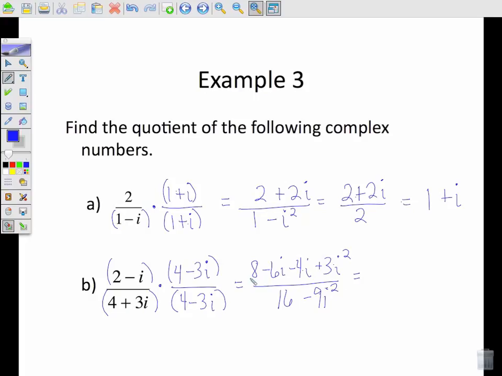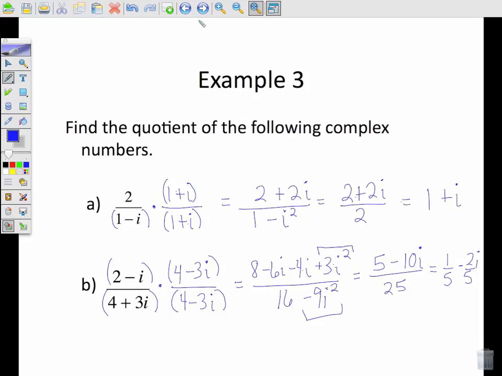You have minus 9i squared. We get, as a result, 8, and the plus 3i squared becomes minus 3, so we have 5, and then minus 10i over 16. This becomes plus 9, so 25. You can reduce them all by 5s, so we would have 1/5 minus 2/5 i. I write that in that form because that's how complex numbers should be written.